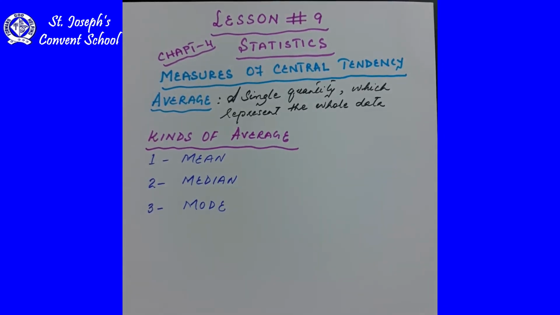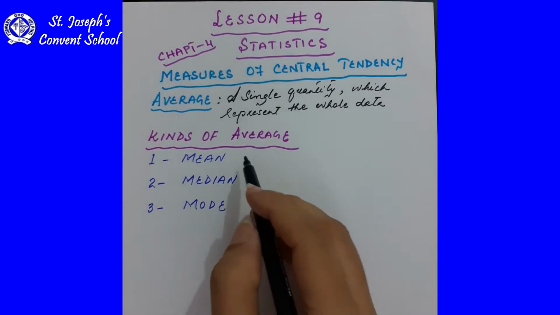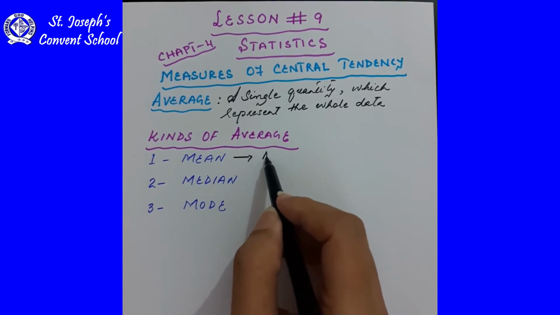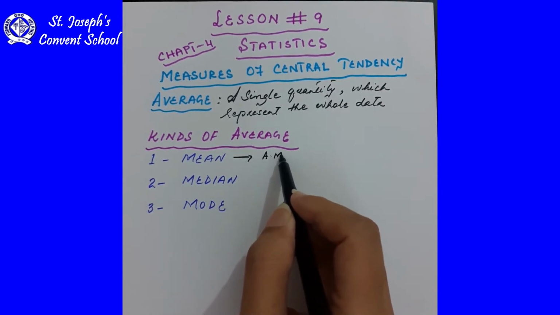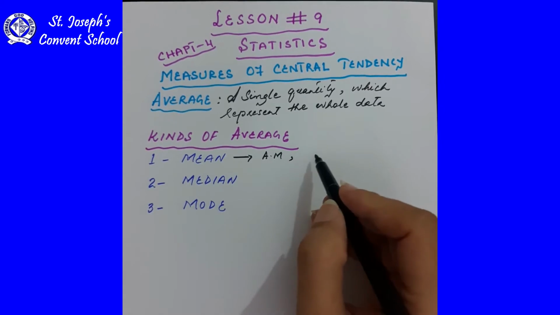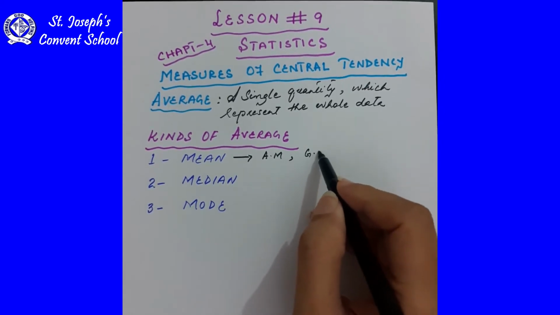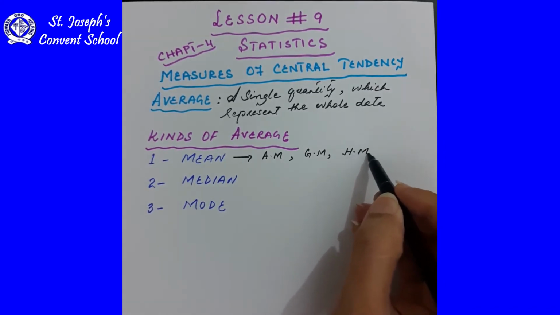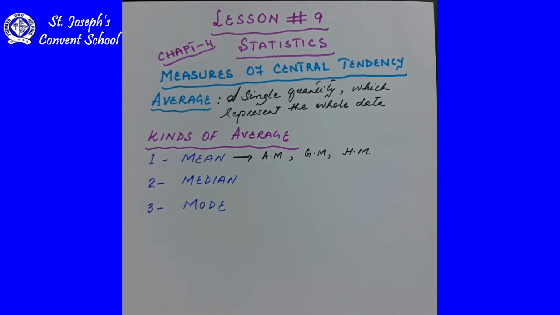Now further, mean is also of three more types. It can be classified into arithmetic mean, short form AM; geometric mean, short form GM; and harmonic mean, short form HM.